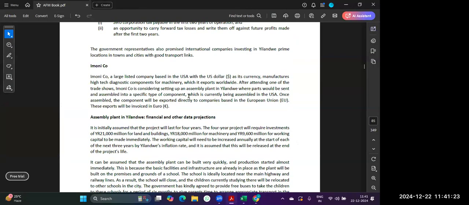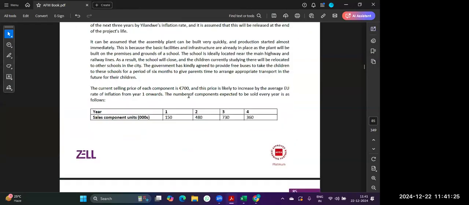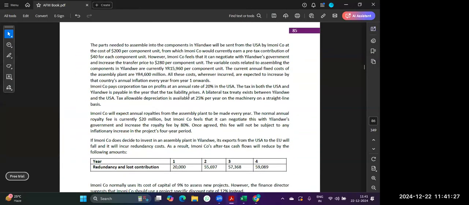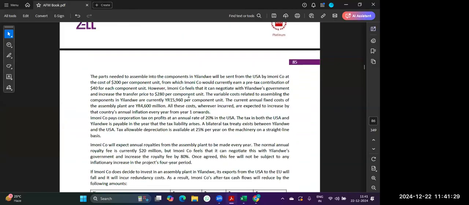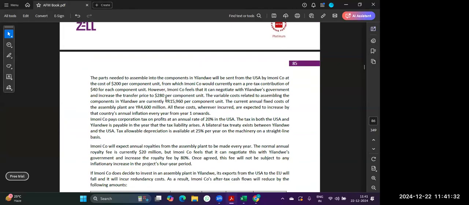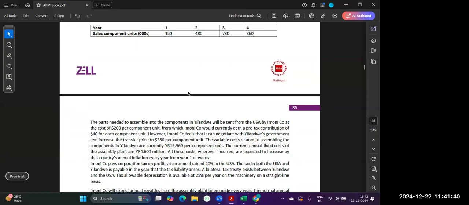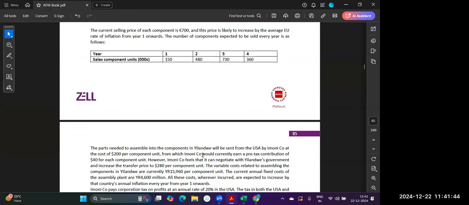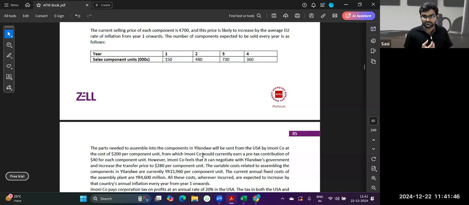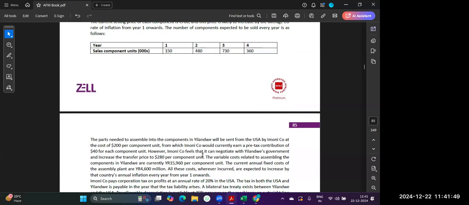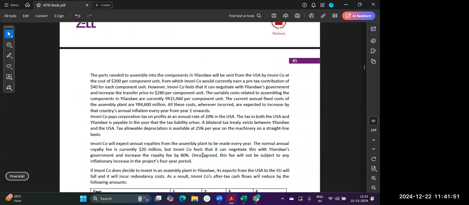Just below the variable cost on the third page, first paragraph: the current annual fixed cost. How much is it? 4,600 million rand a year.